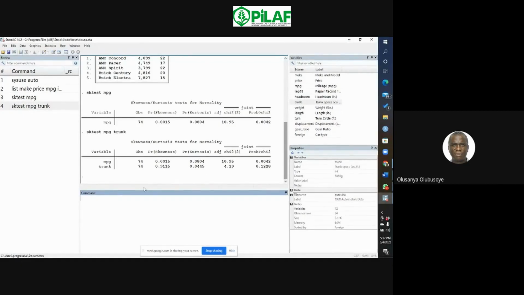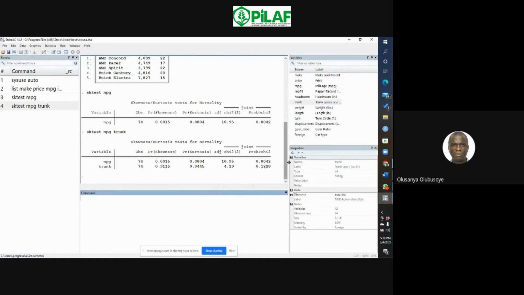But you cannot take a final decision if you don't combine the skewness and the kurtosis together. So the joint test that we are using combines both the skewness and the kurtosis, and that is the one we will use to take a final decision.